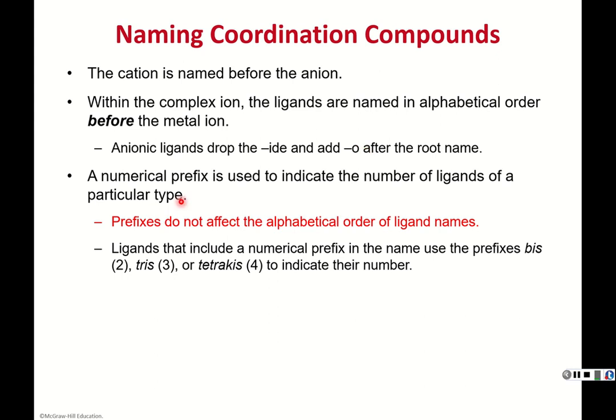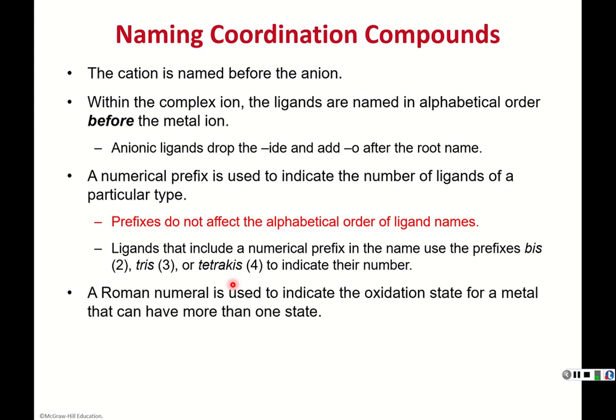A numerical prefix is used to indicate the number of ligands of a particular type. Prefixes do not affect the alphabetical order of the ligand names. Ligands that include a numerical prefix in the name use the prefixes bis, tris, or tetrakis. So 2 is bis, 3 is tris, and 4 is tetrakis to indicate their number.